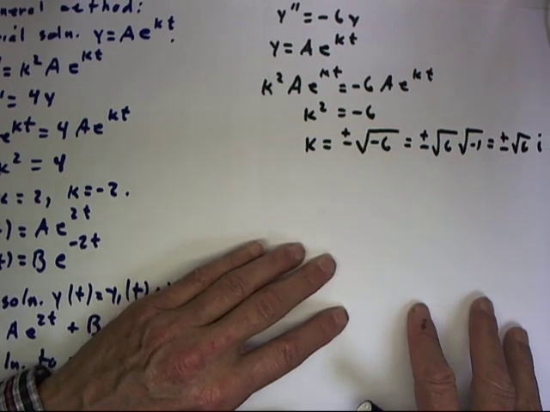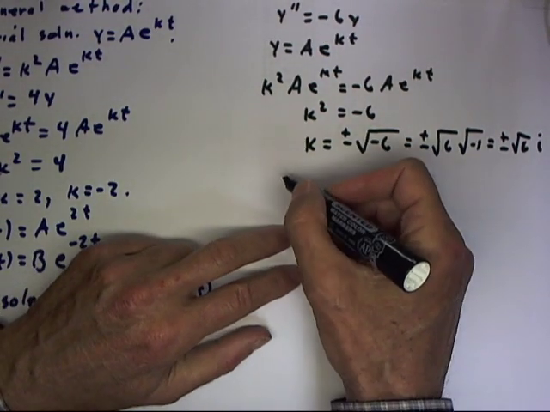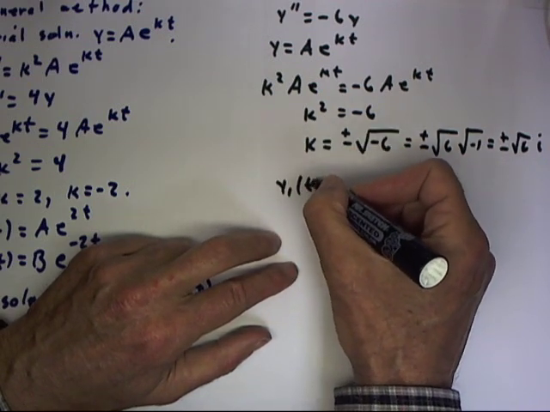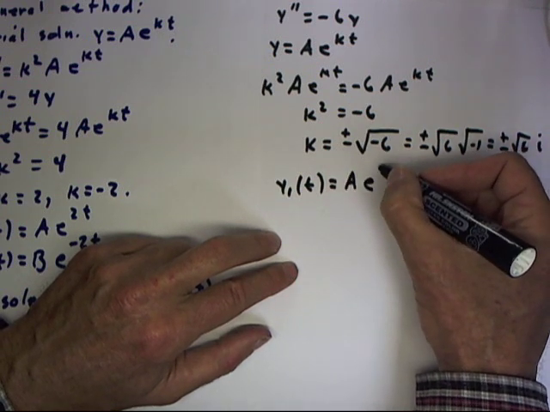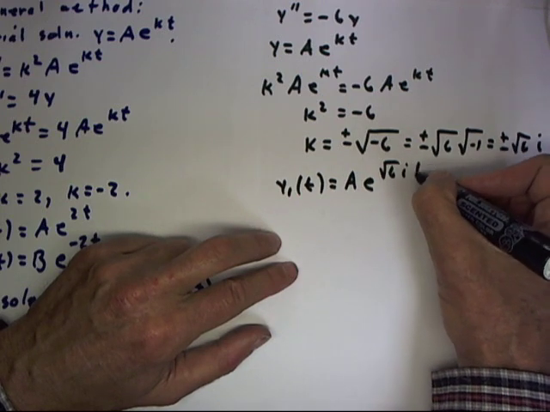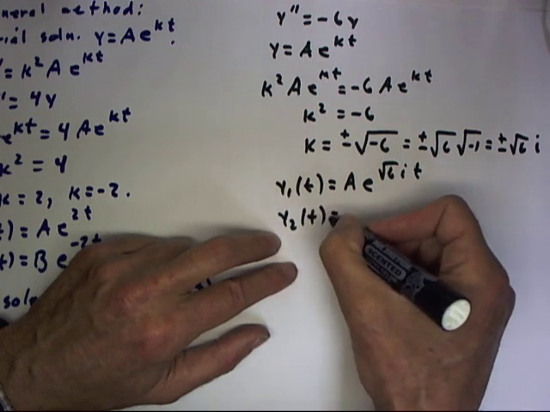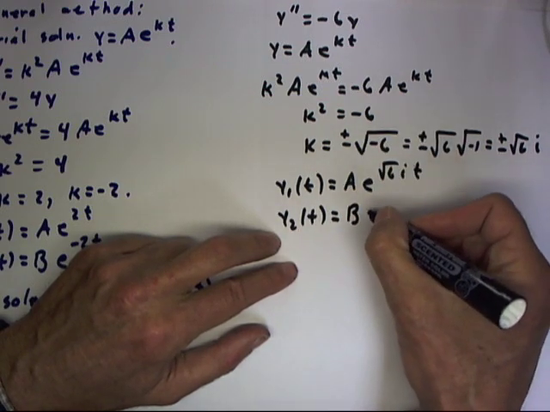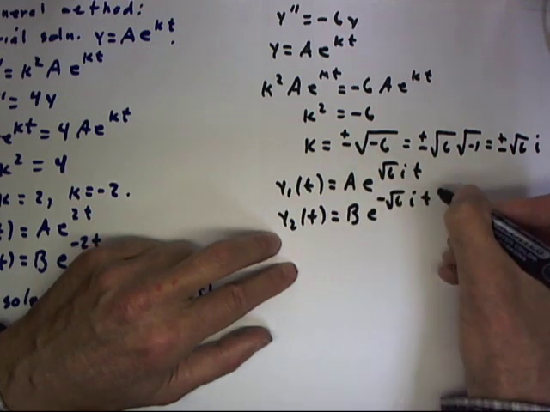So our solution is going to be simply, well, we're going to have a y1 of t equal a e to the plus square root of 6 i t, y2 equal, again using a different constant here, b e to the negative square root of 6 i t.